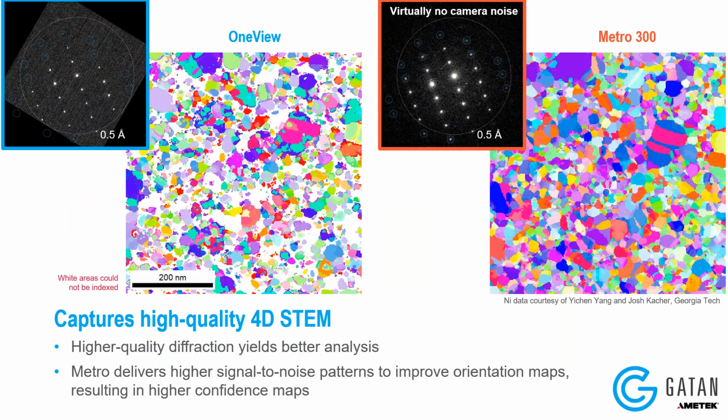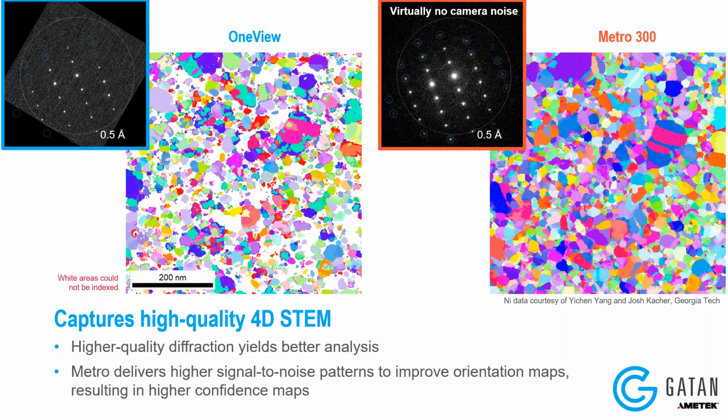So this is a direct comparison between an orientation map collected with the OneView camera and with the Metro 300 camera. These were, again, both on the same microscope here at Georgia Tech in this example. And so they were able to capture one data set with OneView, one data set with the Metro 300 camera.